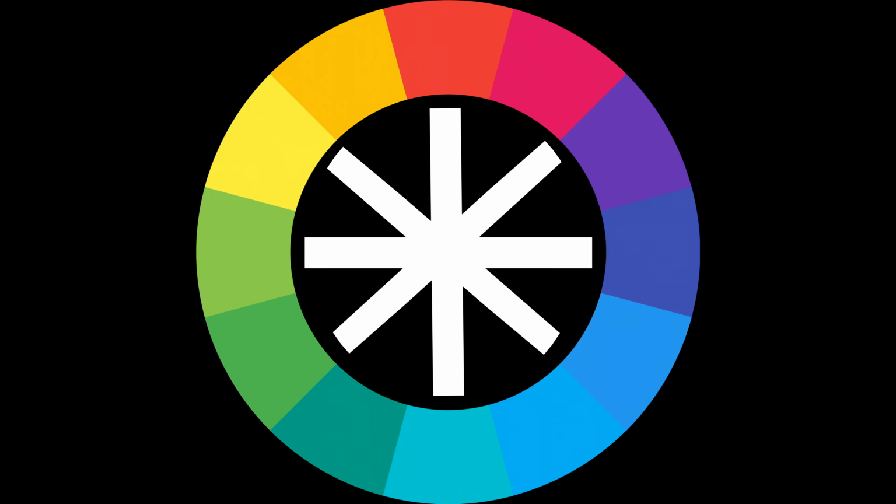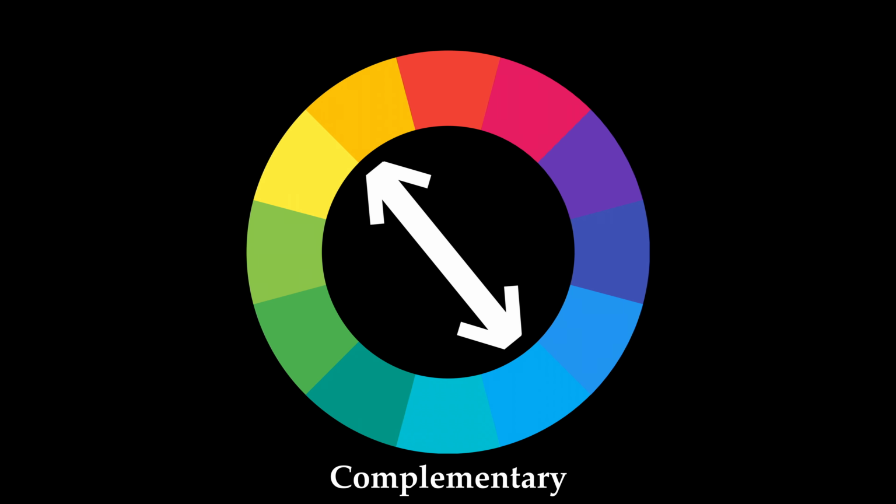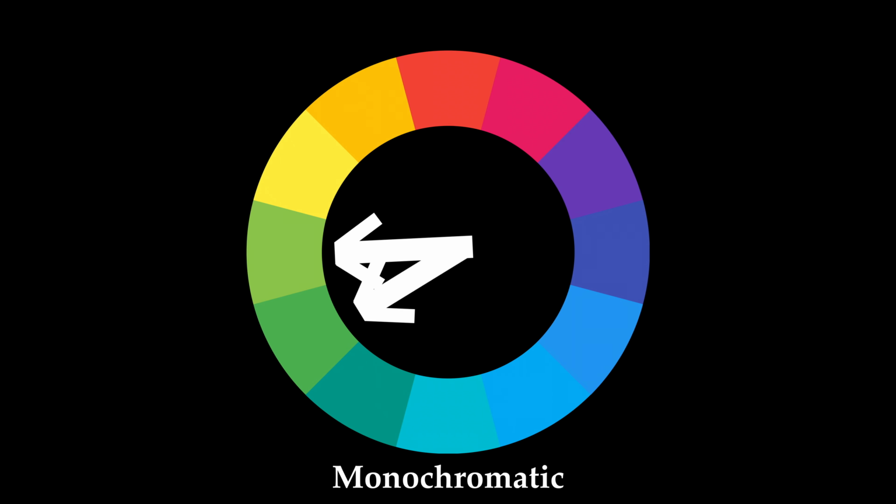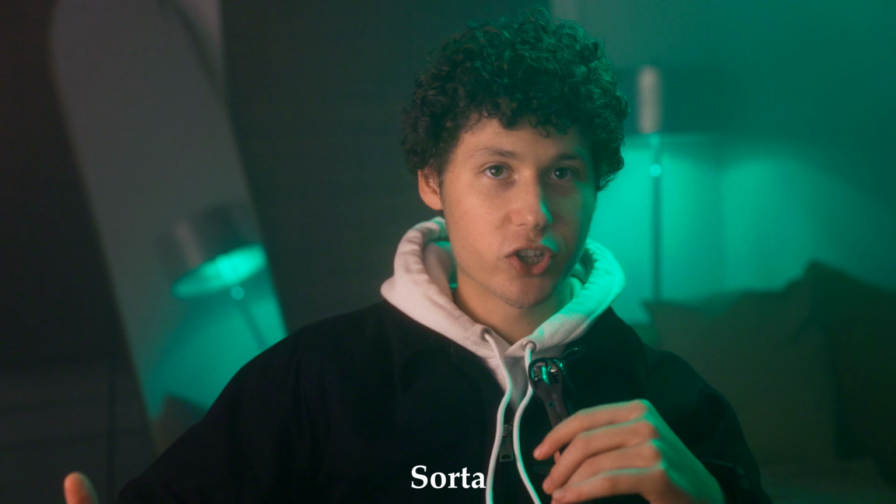Pretty much in the world of color science, there's three main color combinations that you want to know as a cinematographer, and the first one is going to be complementary colors, the second is analogous colors, and then the third is monochromatic colors. So for example, this scene right here, this is technically a complementary color combination.